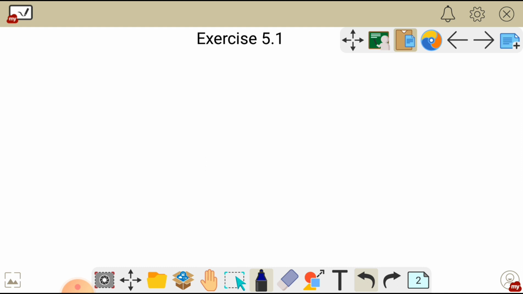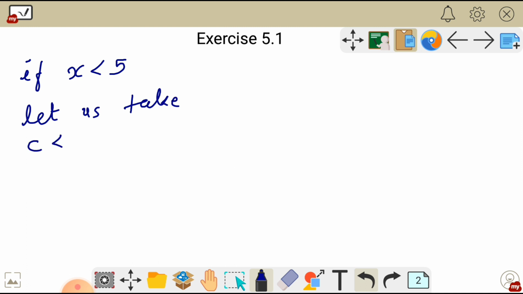So write down, if x is less than 5, then let us take any point C from the domain, that means from the left side of 5. So let us take C less than 5.